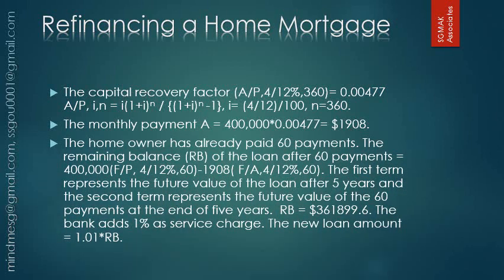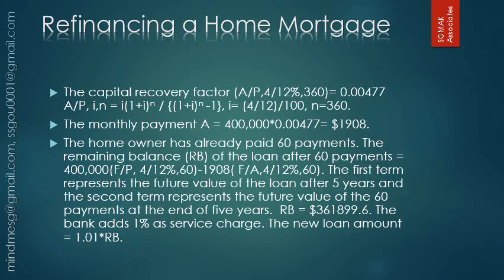The homeowner has already paid 60 payments. So you already paid part of the loan. So the question is, what's the remaining balance after making 60 payments? The remaining balance, represented by RB, equals this expression: 400,000 times F over P, 4 over 12%, 60, minus 1908 times the factor F over A, 4 over 12%, 60.